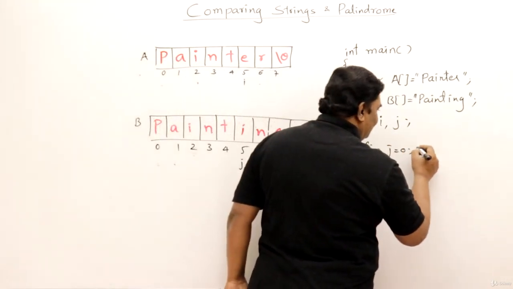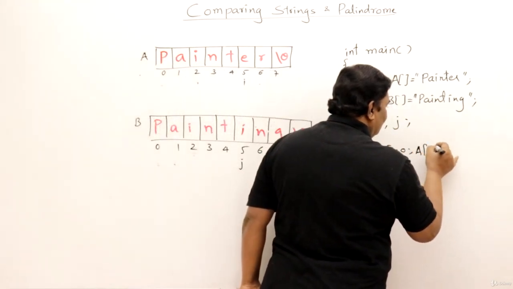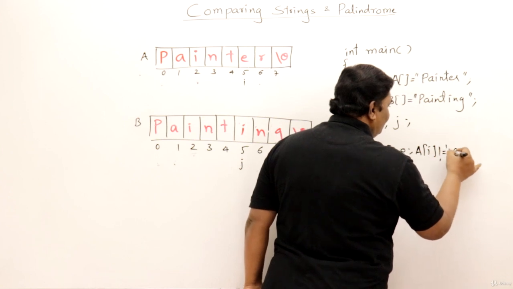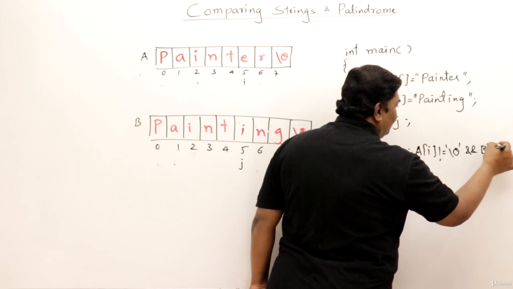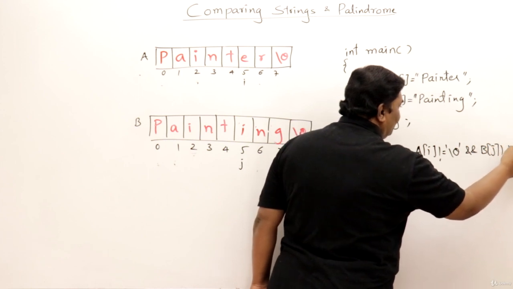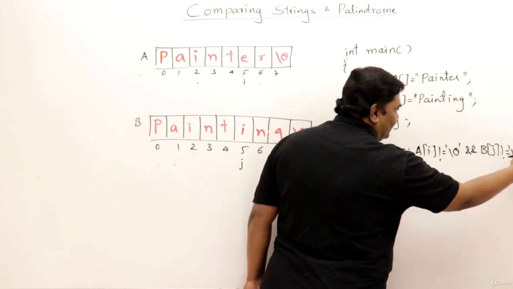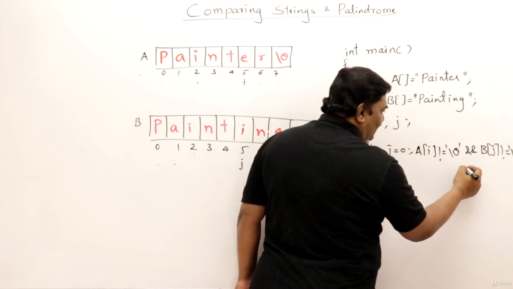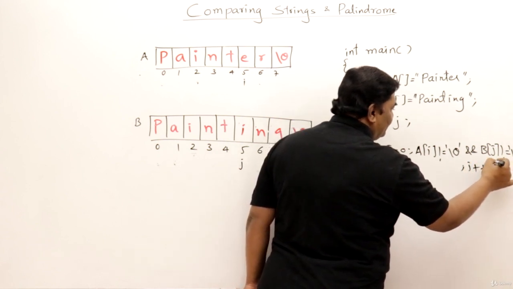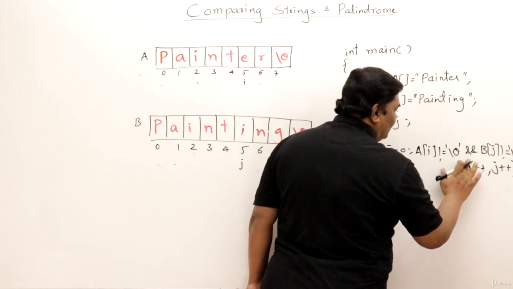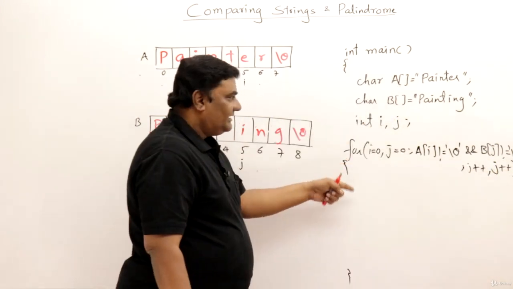So here I should say that A of I is not equal to \0, that is the null character, and B of J is not equal to the null character. Then no space, so here I will continue. After that, I should increment I as well as J. Increment both I and J. That's it.